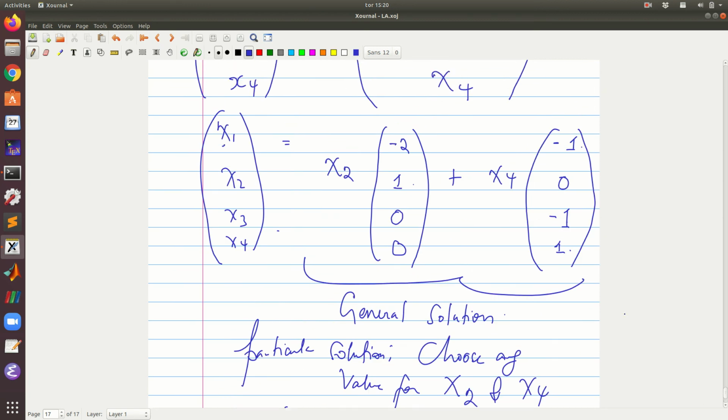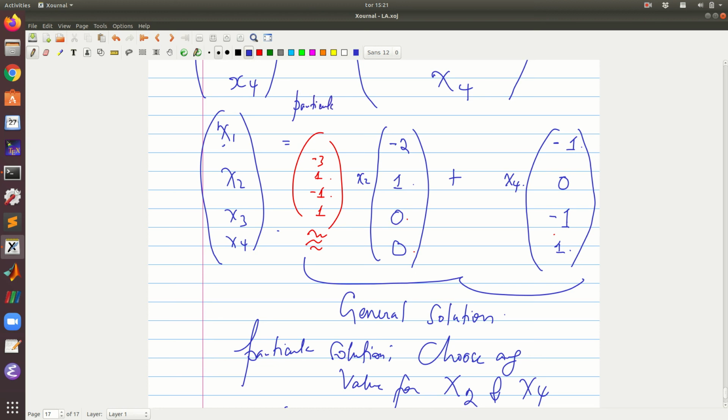So when you substitute x2 equals 1 and x4 equals 1, that is the solution we have. So this is negative 2, and that we have negative 3, 1 and 0 we have 1, 0 and negative 1 we have negative 1, and then 0 and 1 we have 1. So this is a particular solution which corresponds to x2 being 1 and x4 being 1.